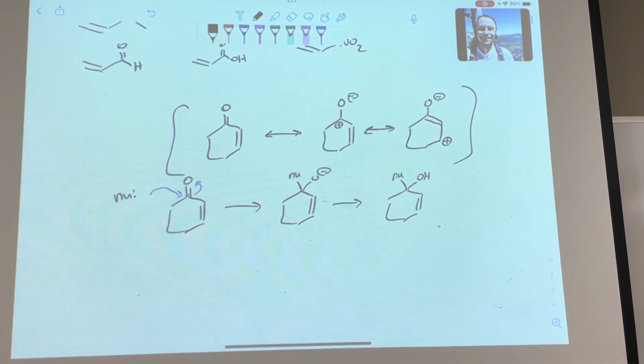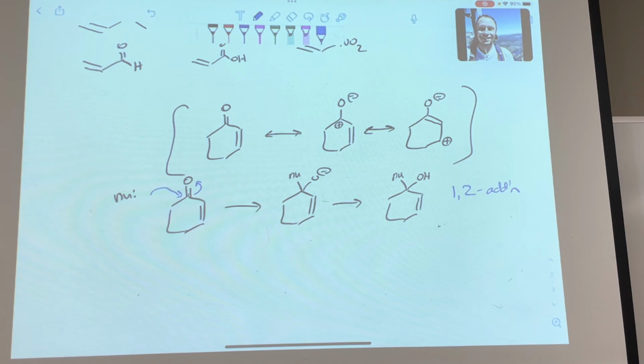The way we typically refer to this is we look at, in a relative sense, where the nucleophile added to where the electrons went. In this case, the nucleophile added here, and the electrons of the pi bond went up there. So for that reason, I'm going to refer to this as 1-2 addition.